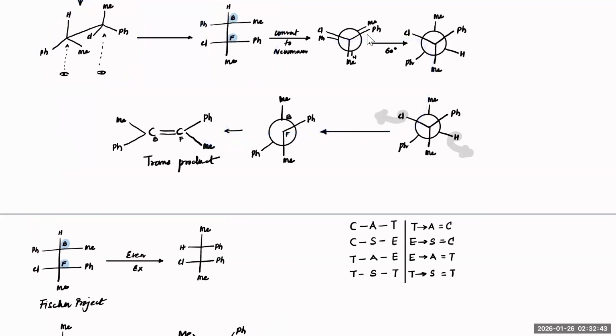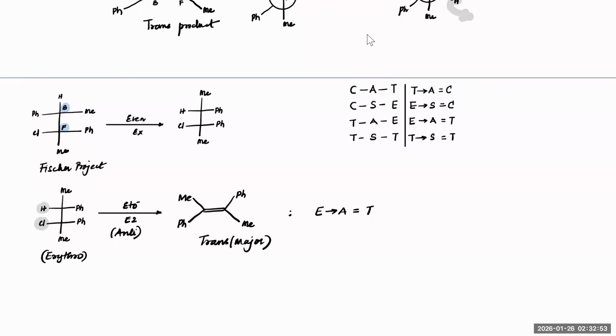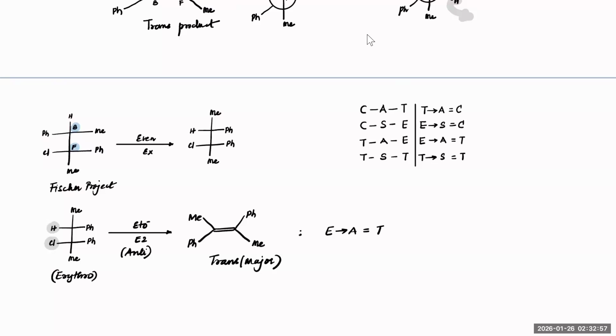Or if the question is already starting from a Newman projection, then you put them in the opposite direction and do this. Now you understood? Depending upon the question type, if it is directly given with Fischer or directly given with Newman or Sawhorse, accordingly you behave, accordingly you take it and get the answer. Got it? In certain cases, cis will be the major product. In certain cases, trans will be the major product.